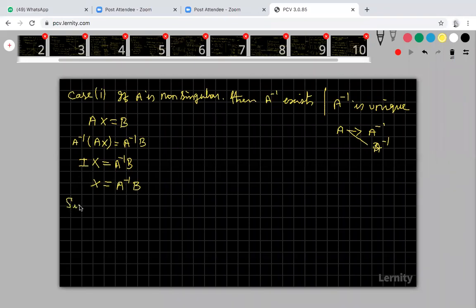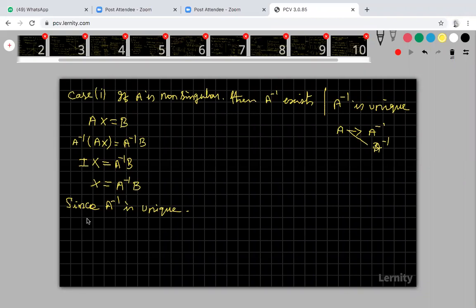Since A inverse is unique, X has a unique solution.